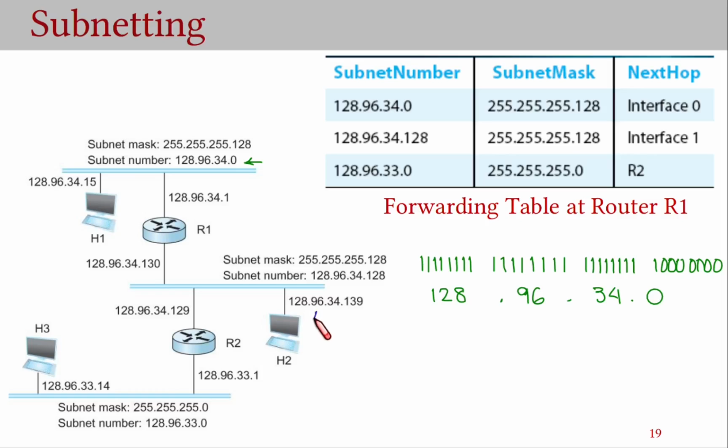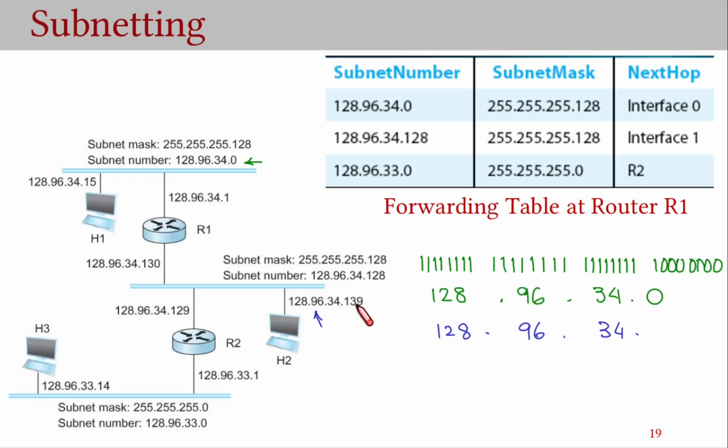And let's quickly look at this second example, right? So we have this IP address 128.96.34.139, and the subnet mask is the same as before. Let's see what we get. So we AND with the first byte, get 128, then the second one 96, third 34.